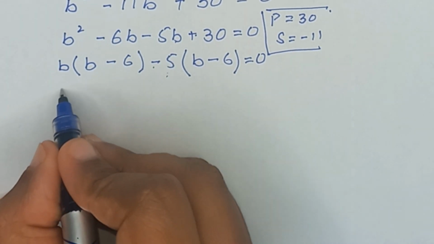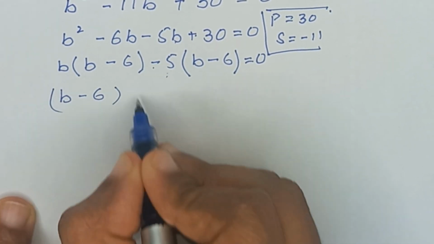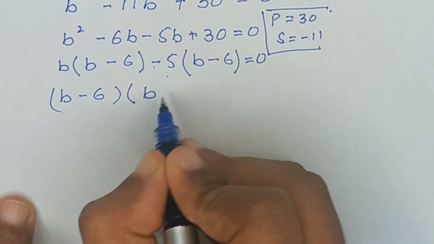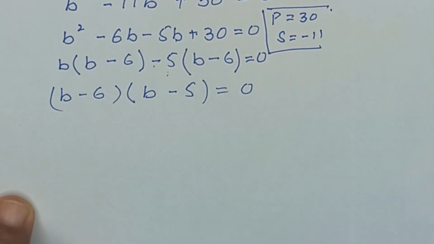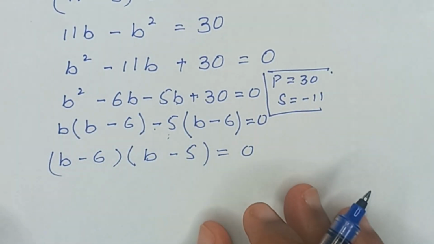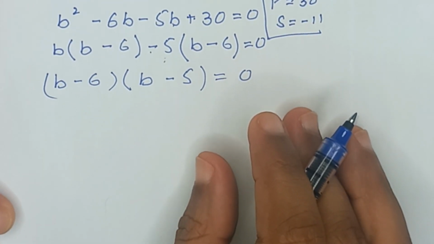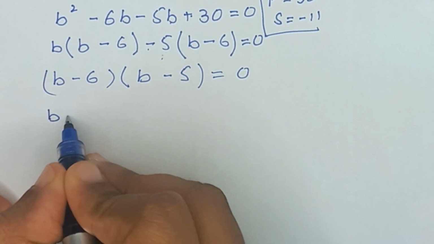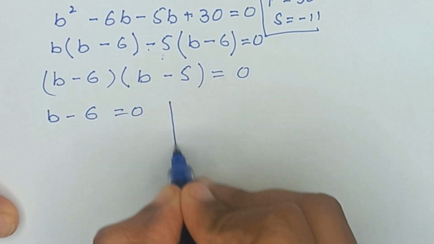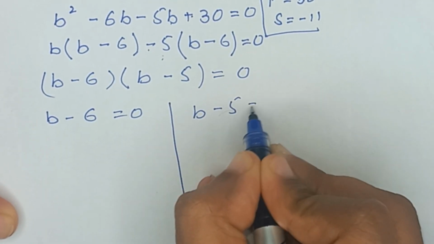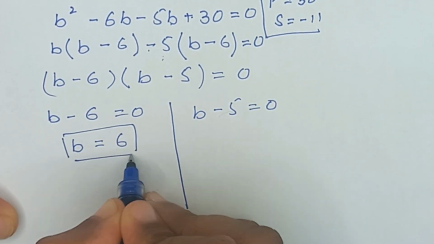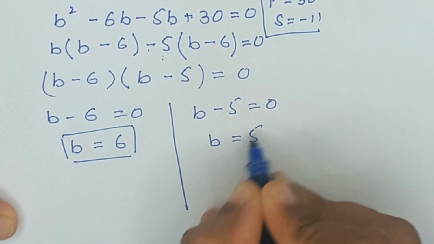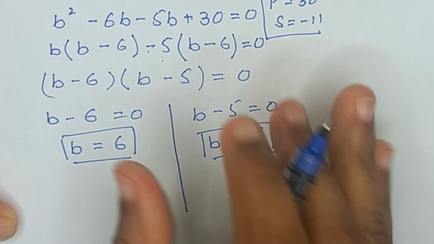Now we have b minus 6 common in both terms. So this divided by this will be b and this divided by this will be minus 5, is equal to 0. Here we have two solutions: b minus 6 is equal to 0 and b minus 5 is equal to 0. From here the value of b is equal to 6 and from here the value of b is equal to 5.